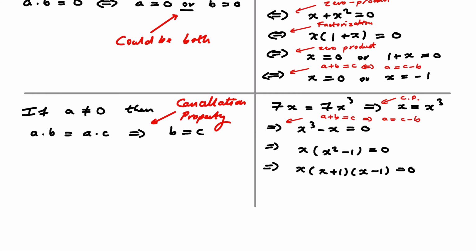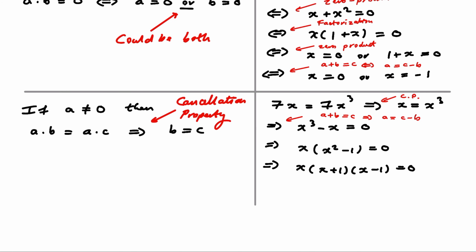At least one of them has to be equal to 0. So this now guarantees what? This guarantees by the zero product law that x is equal to 0, or x plus 1 is equal to 0, or x minus 1 is equal to 0.